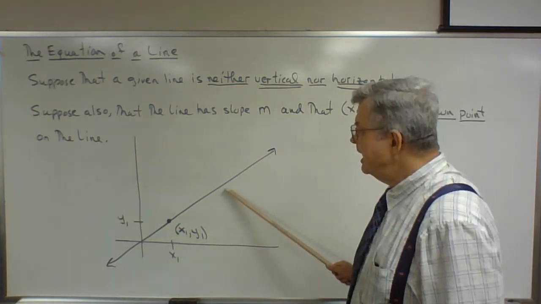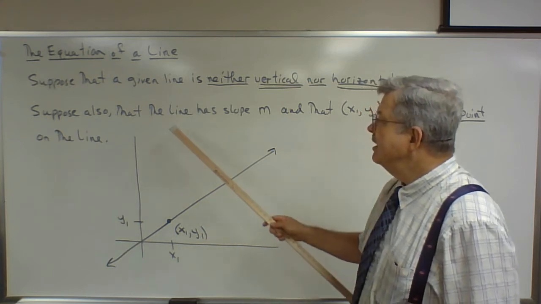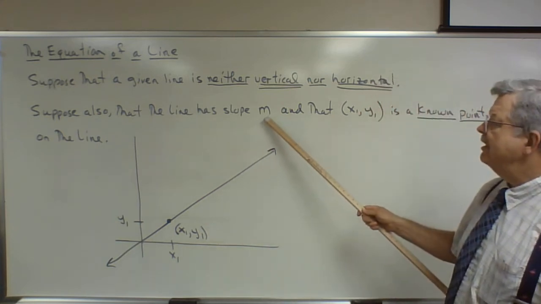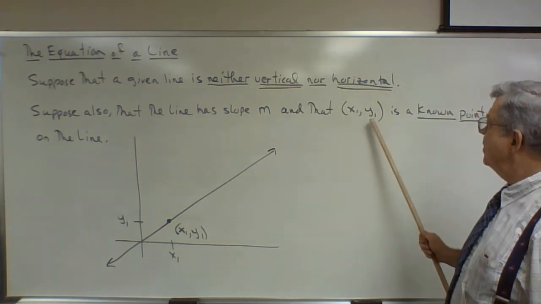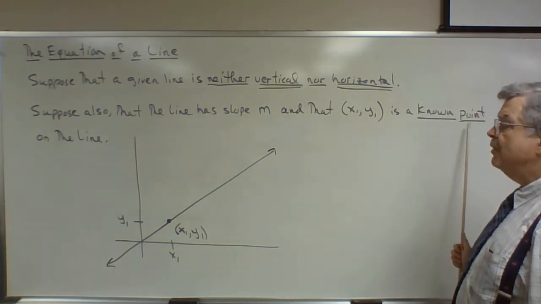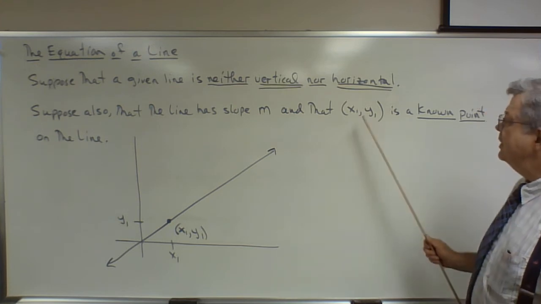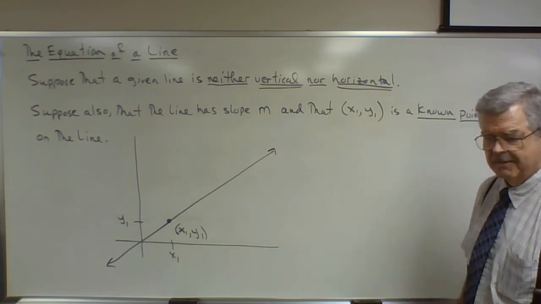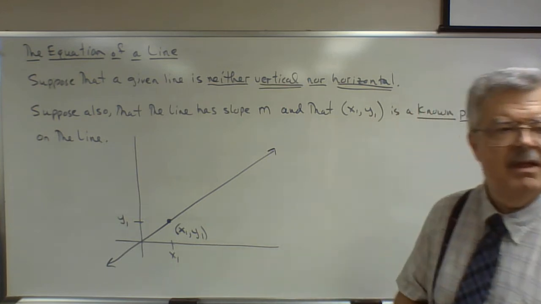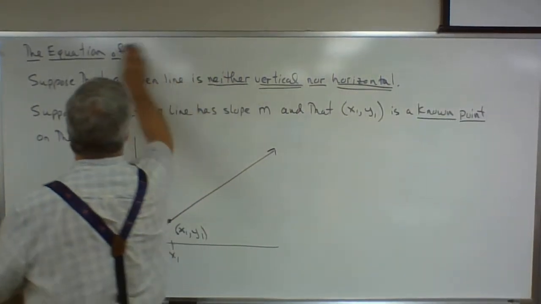So we have a line. It's not vertical. It's not horizontal. And suppose that the line has slope m, and that x1, y1 is a known point on the line. So we know the coordinates of this point, x1, y1. Okay, let's see what we can do with this information.